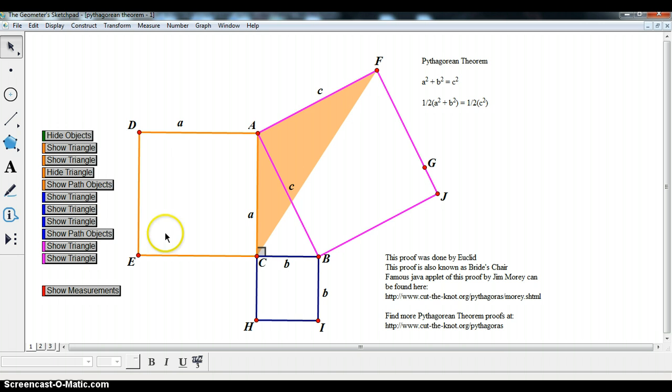Now, this step is a little more tricky. If you look way over here, we have G. What we're going to do is make a line CG that's perpendicular to AB.